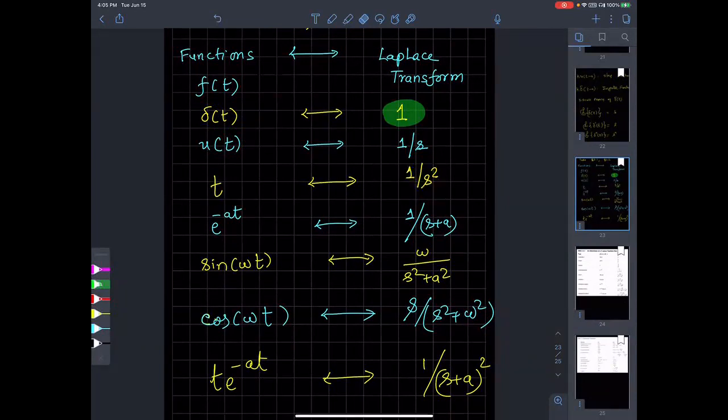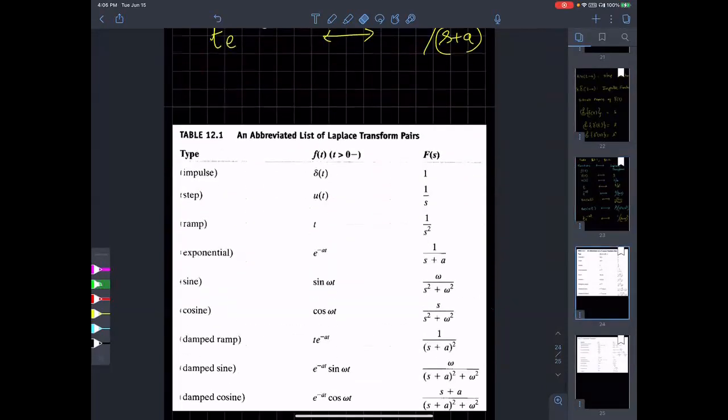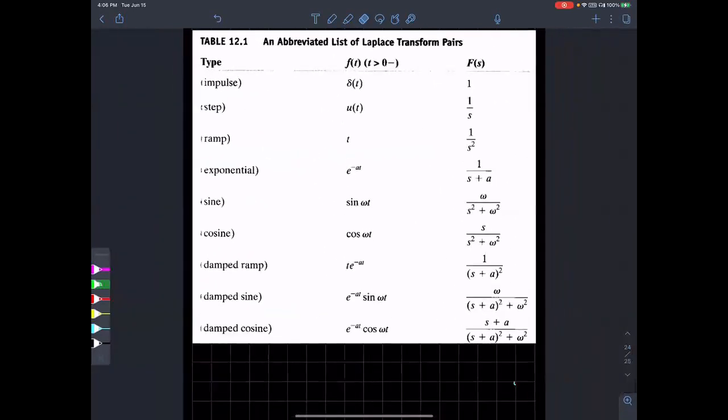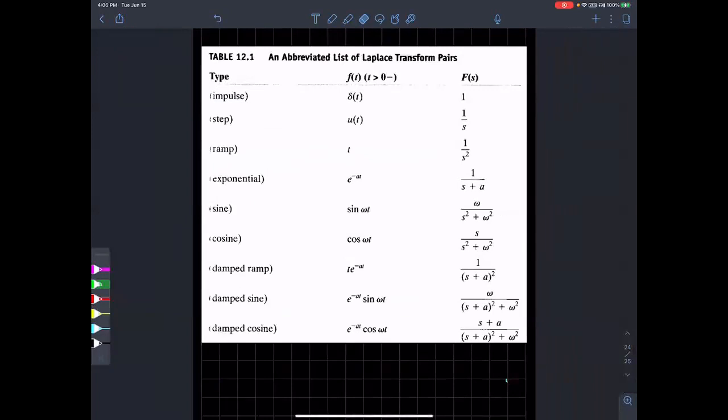So we don't typically derive these from the ground up. We simply use them. Let me reproduce that table. This table right here is called the functional Laplace transforms because there are different functions: a sinusoid, t times e to the minus a t, and e to the minus a t times sine omega t.